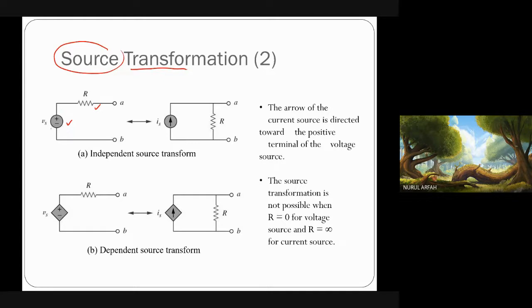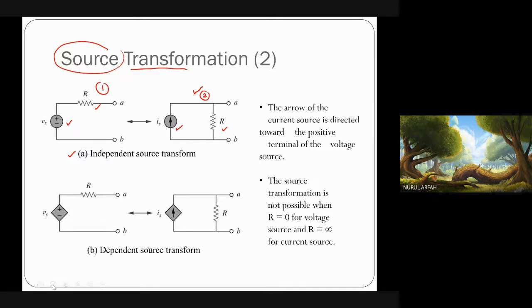When a voltage source in series, you can transform it to current source in parallel. Okay. This is for independent source transformation. Or you can also transform the second one here to number 1 here. Okay, it means current source in parallel to the voltage source in series.